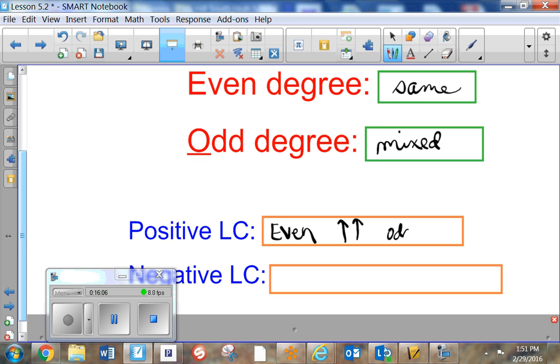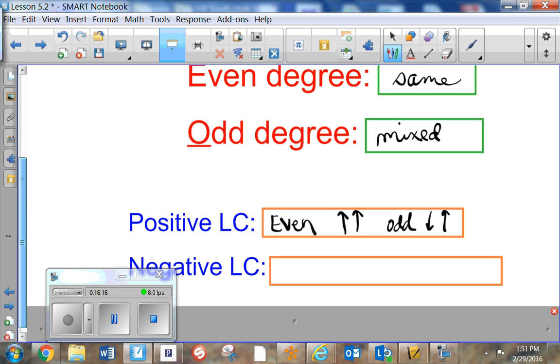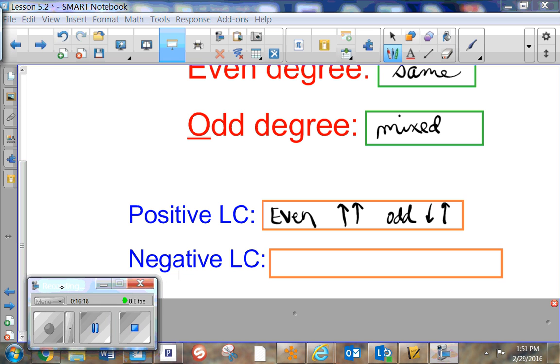If it's an even with a positive leading coefficient, it's going to end up, so therefore it's going to start down. Negative leading coefficient, if it's even, then down, down. If it's an odd degree, it's going to end down, therefore it's got to start up.